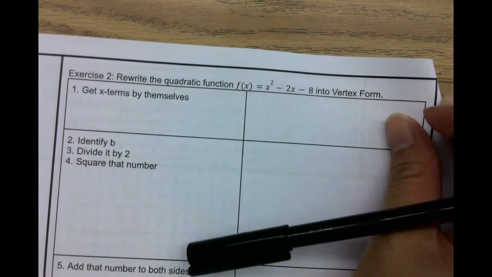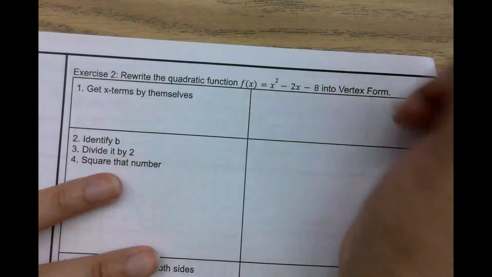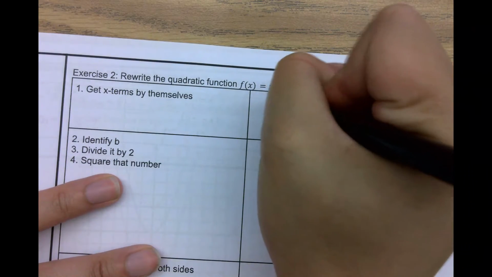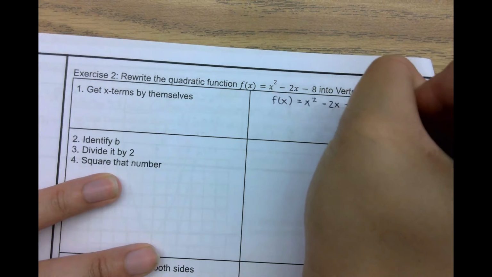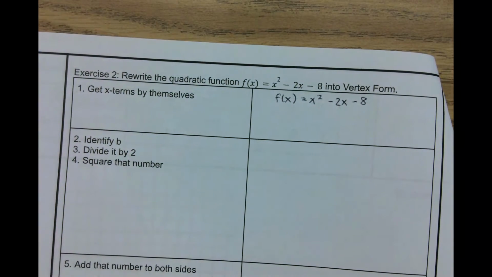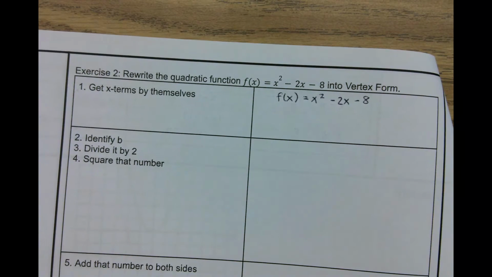So what we're going to do is rewrite this quadratic function into vertex form. I'm going to rewrite the original, f of x equals x squared minus 2x minus 8. The first thing I want is to get the x terms by themselves.